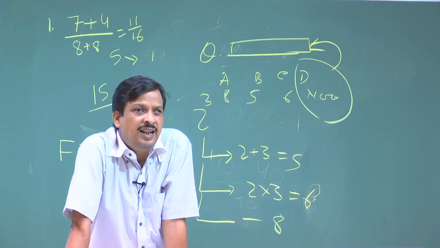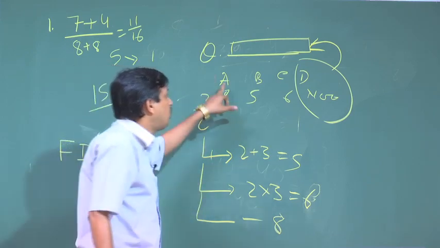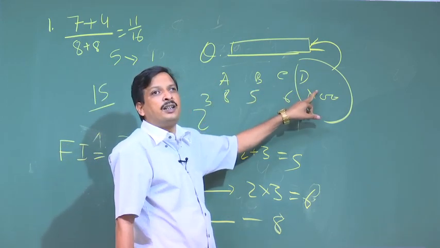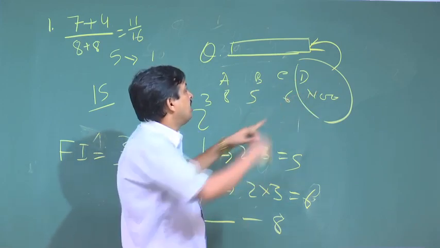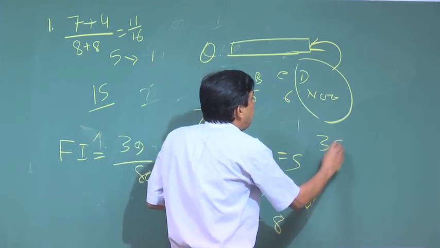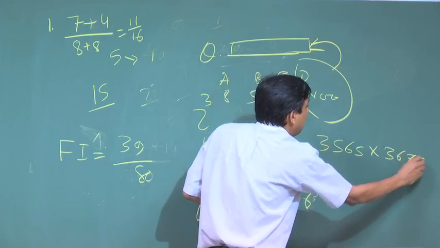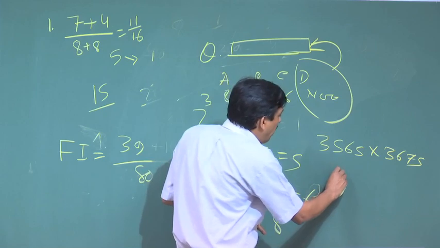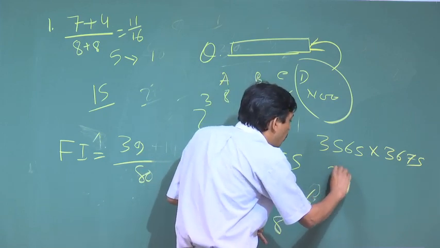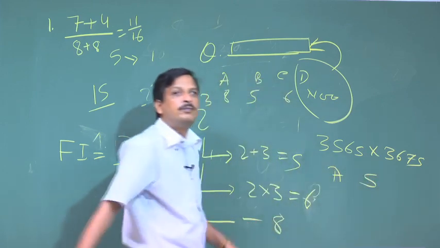When you design multiple choice questions, the choices are not arbitrary. Sometimes we provide 3565 into 3575 and give choices where only one option has the last digit 5.